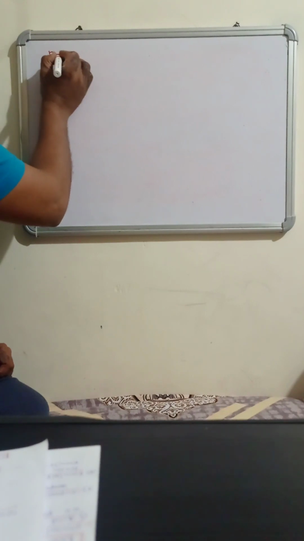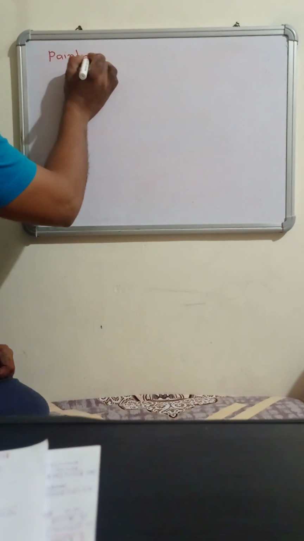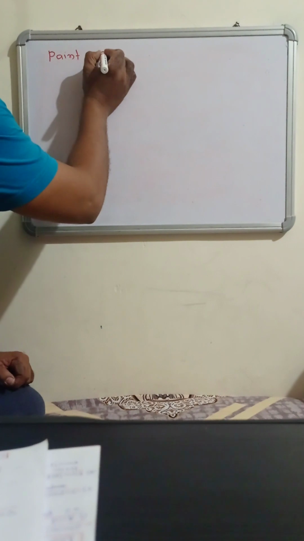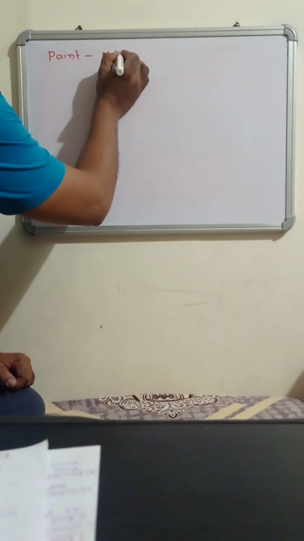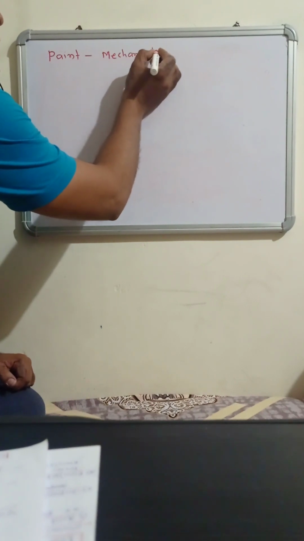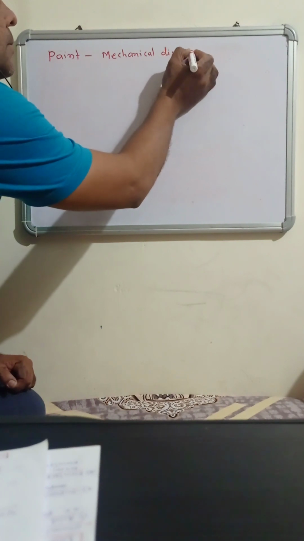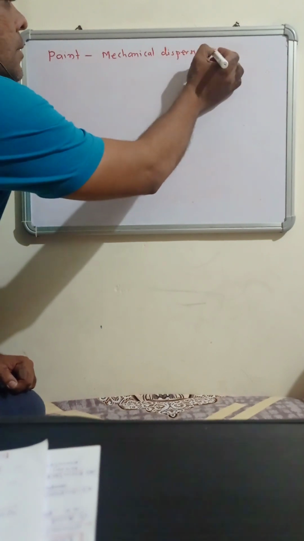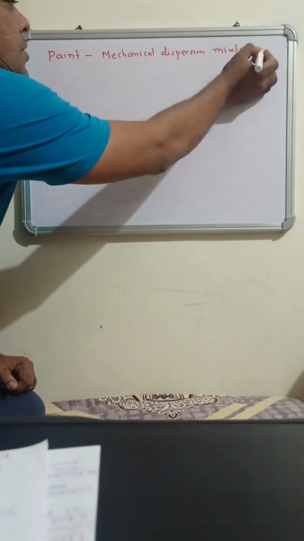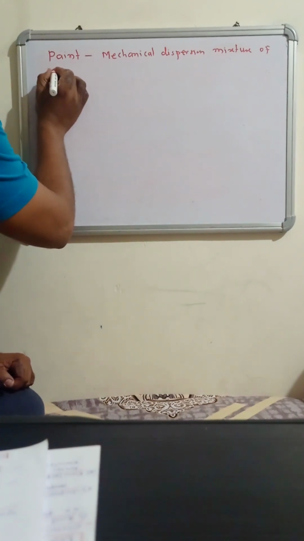Paint. The definition of paint is a mechanical dispersion mixture of pigment in vehicle.